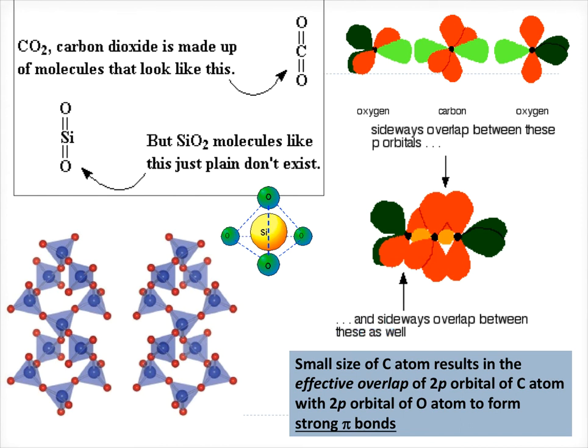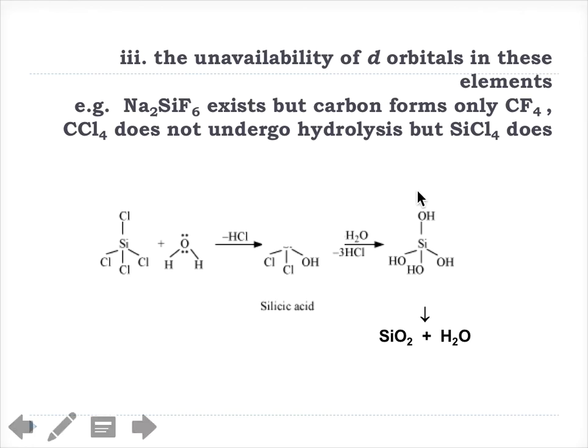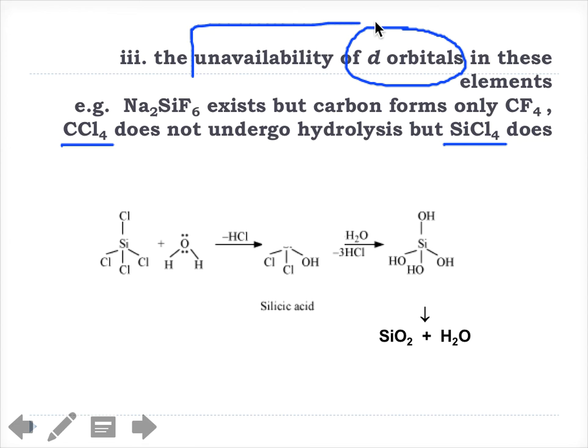All right, moving on. Now, the last property of the period 2 elements is actually due to the unavailability of the d orbitals in these elements. For example, CCl4 does not undergo hydrolysis, but SiCl4 does. Now, please be careful about this term, the unavailability of d orbitals.